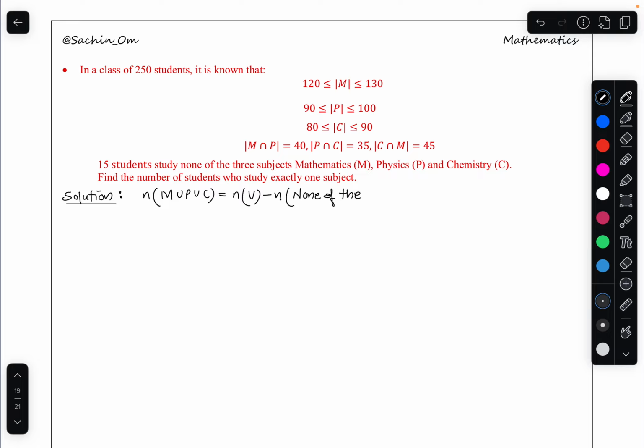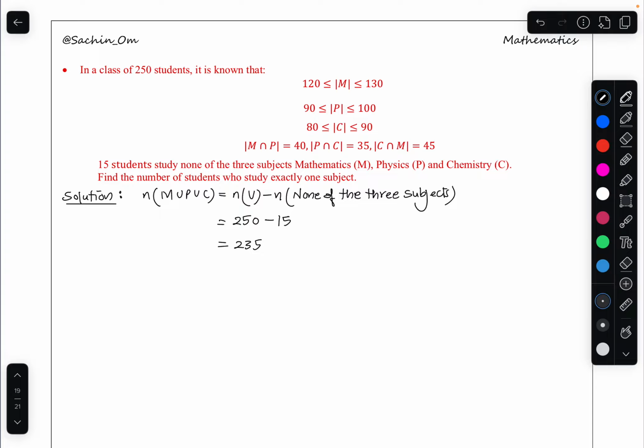Wait, the number of elements in the universal set is 250, and the number of elements in none of the three subjects is 15. So this quantity is going to be 235.